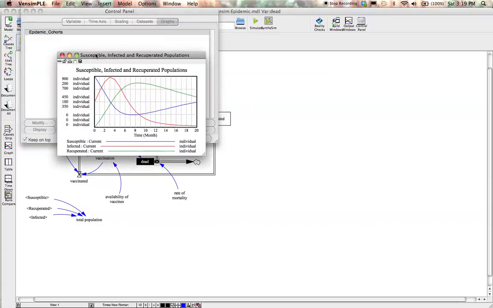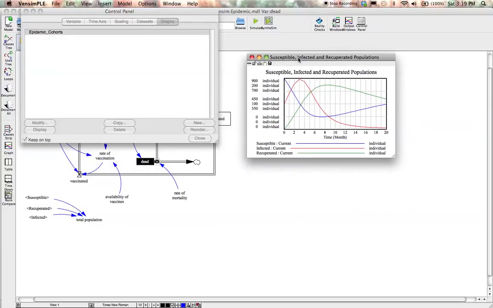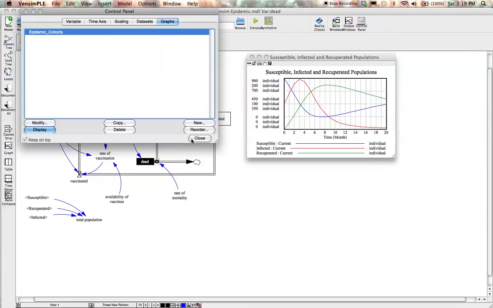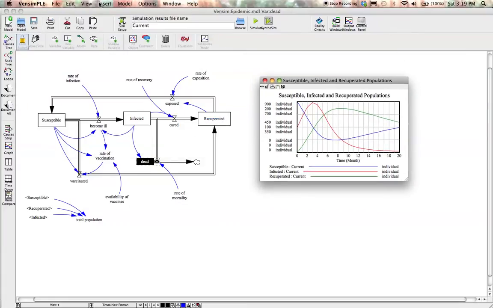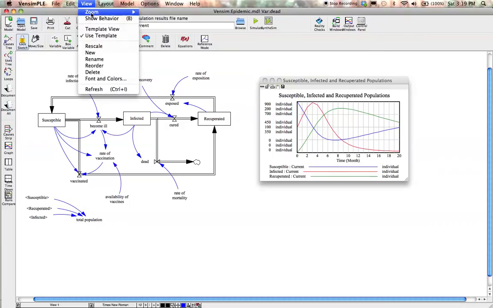Okay, so now you see, oops, sorry. I'm going to close this and zoom on this plot. View, zoom.